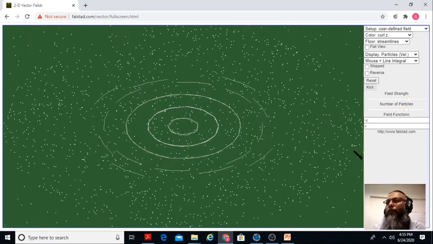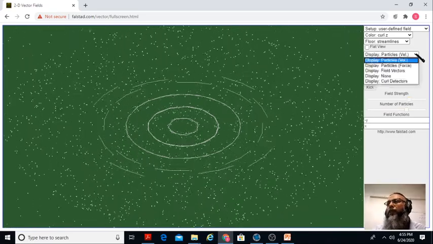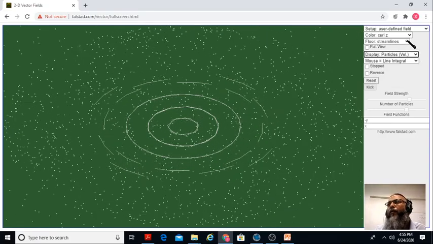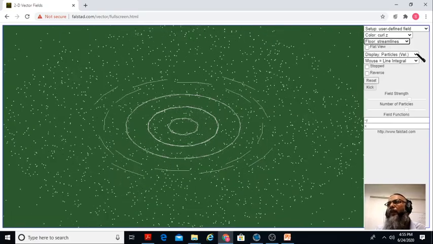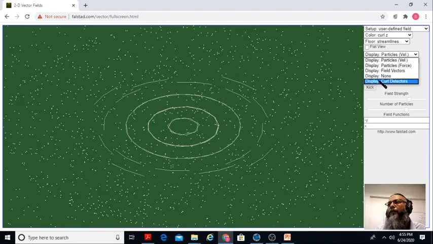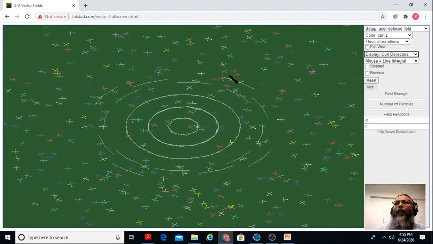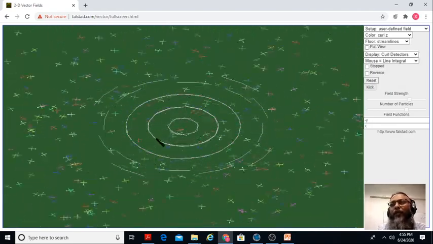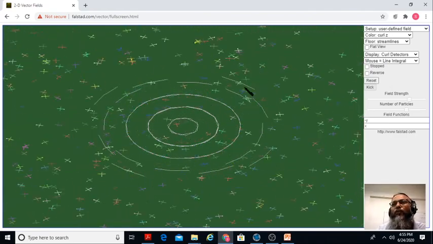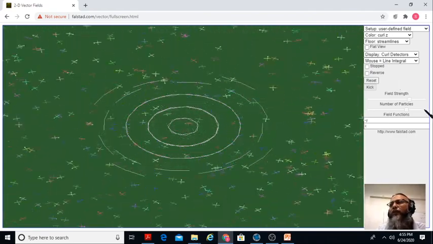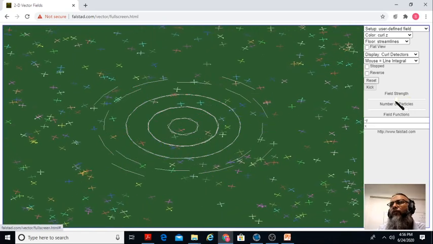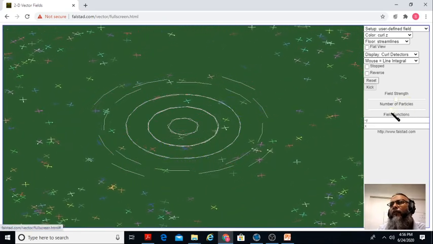And if you want to see the detecting of the curl, you can do this as well. For example, if you go to the curl detectors, display curl detectors, you see the circulation is non-zero. I remove some of the strength and some of the particles.